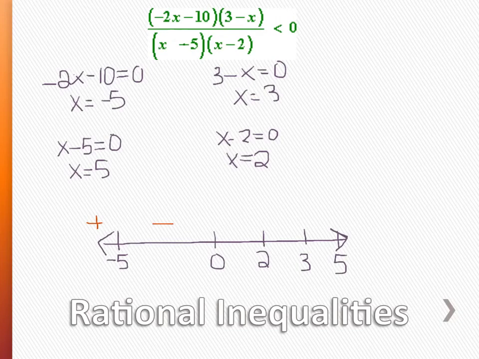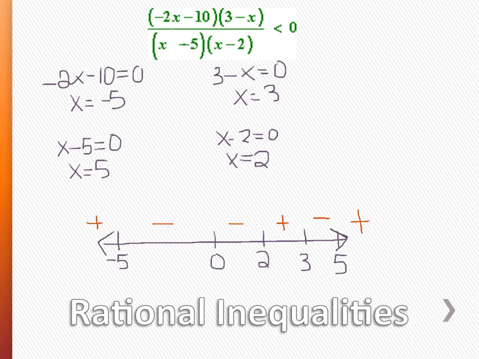Now taking a look between 0 and 2, we're seeing that they're still negative. Between 2 and 3, we'll see that it's positive. And between 3 and 5, it's switching back to negative. And from 5 on, we can see that it's back to positive.